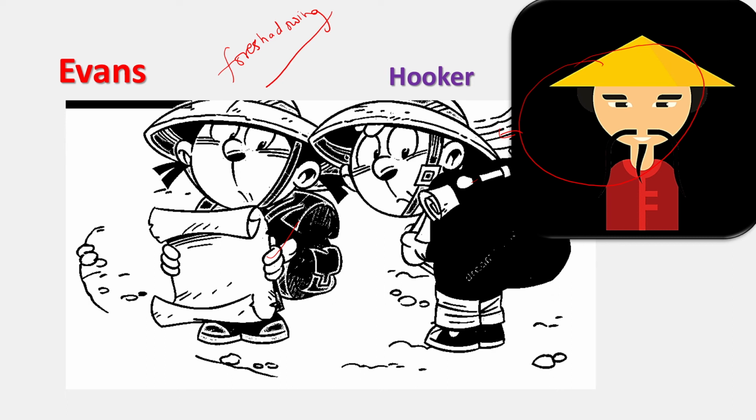They had just heard that the group was going to unearth treasure on some mysterious island, and before the Chinese men could finish their conversation, Evans and Hooker could not control their greed and excitement to find that treasure. They jumped on that group, killed them, looted the map, and set out on their journey.